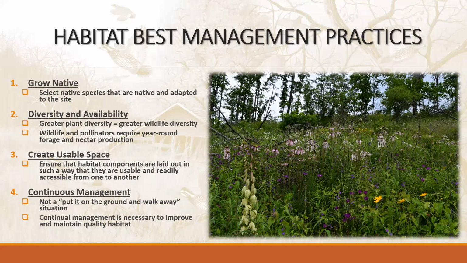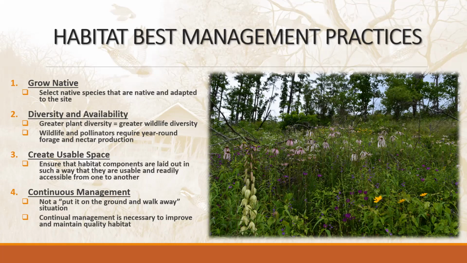We want to make sure we have diversity and availability. Greater plant diversity equals greater wildlife diversity, whether in our forest lands or grasslands. Wildlife and pollinators require year-round forage and nectar production, so making sure wildlife has the availability of forage and nectar year-round is important.